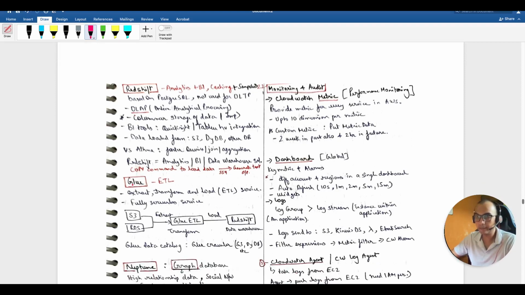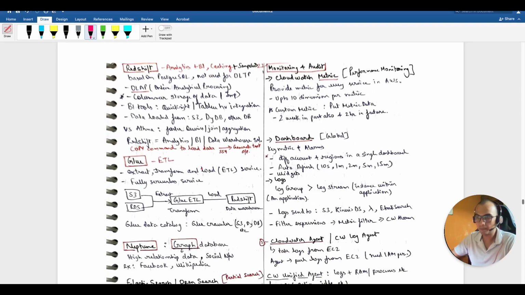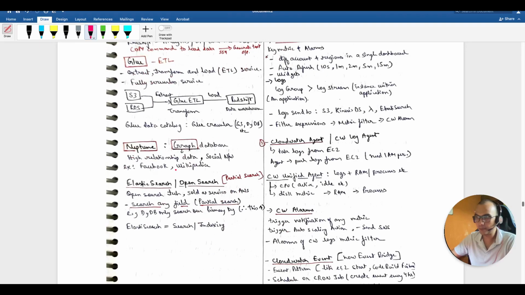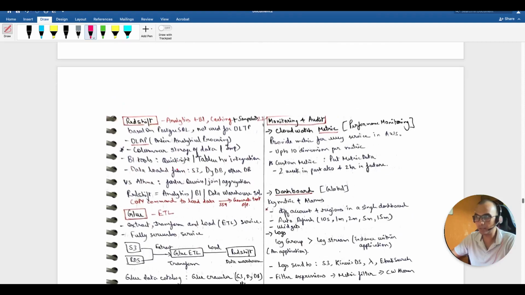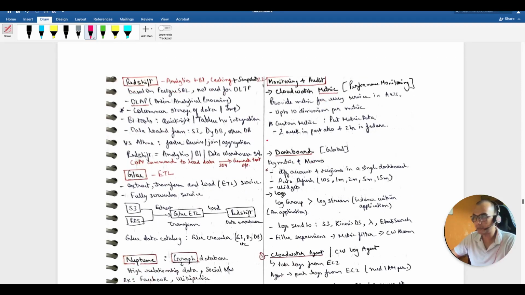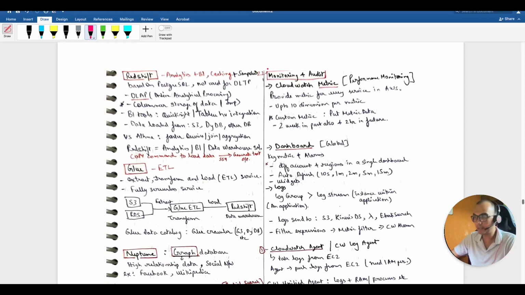Okay, and we have AWS Glue, that is used to extract, transform, and load data. Then graph database Neptune. If you go through, you will understand. After that, monitoring is also important. From here, we start our monitoring part.